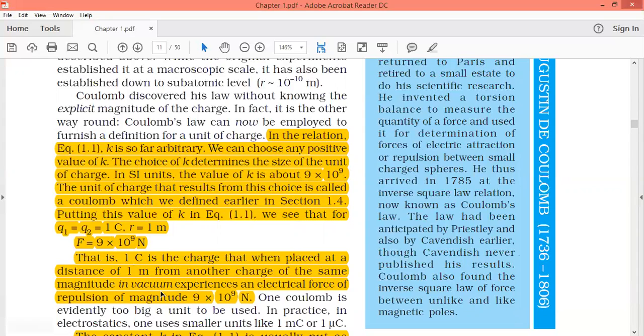Okay, we have discussed that if you have like charges, we will be having repulsion. If you have unlike charges, means one is positive and other is negative, then we will be getting attraction. Okay, so that is why we will be getting repulsion of magnitude 9 into 10 power 9 newtons.